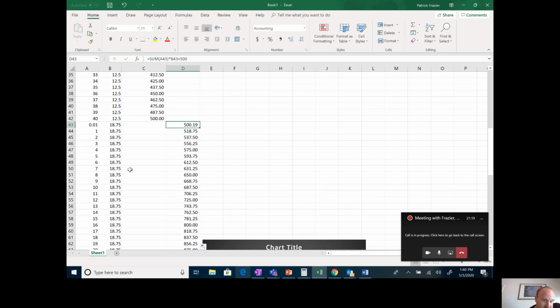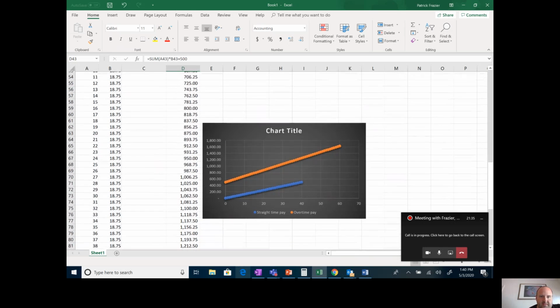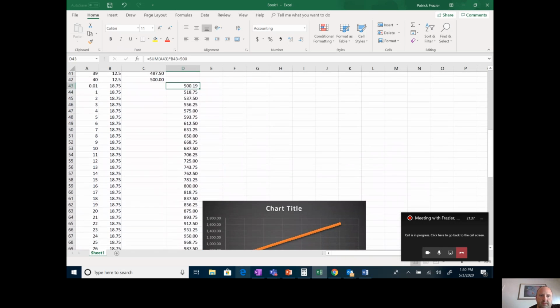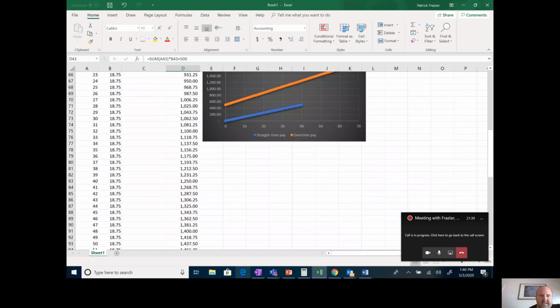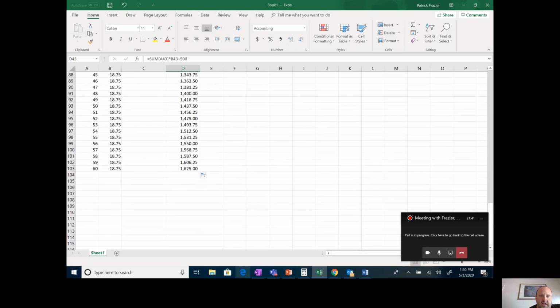So that's why this is a good demonstration why it's important to know what you're doing as far as what the number should be. And now it makes sense to check it for accuracy because 6 times 18.75 plus 500 we know is $612. And then that means for overtime between $500.19 all the way up to $1,625. Okay.